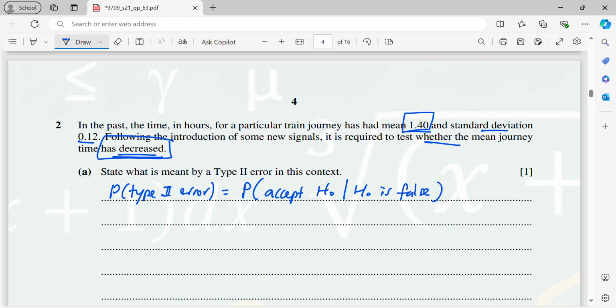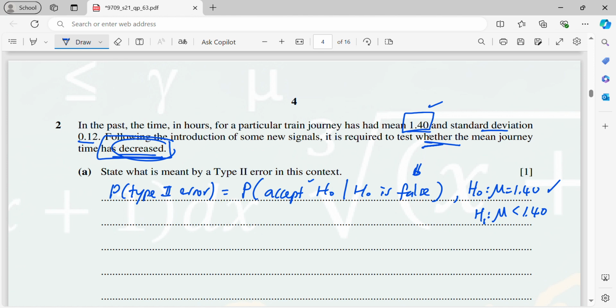Now from here, I know that my H0 is mu equals 1.40. Then you want to test whether it has decreased, so your H1 is mu less than 1.40, because of decrease. So a type 2 error means that we accept H0, which means mu is 1.40, but given that H0 is wrong, it's false.